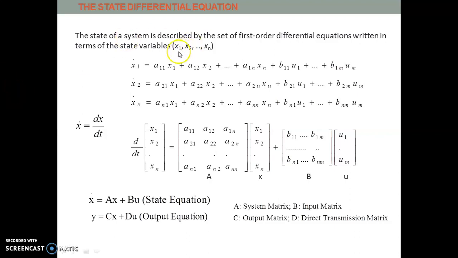Let us see here. These are x1, x2 and so on, xn. These are the state variables. And the next equations are the first order differential equations in terms of state variables. So x1 dot means the first derivative dx1 by dt, and the second one dx2 by dt, and dxn by dt.